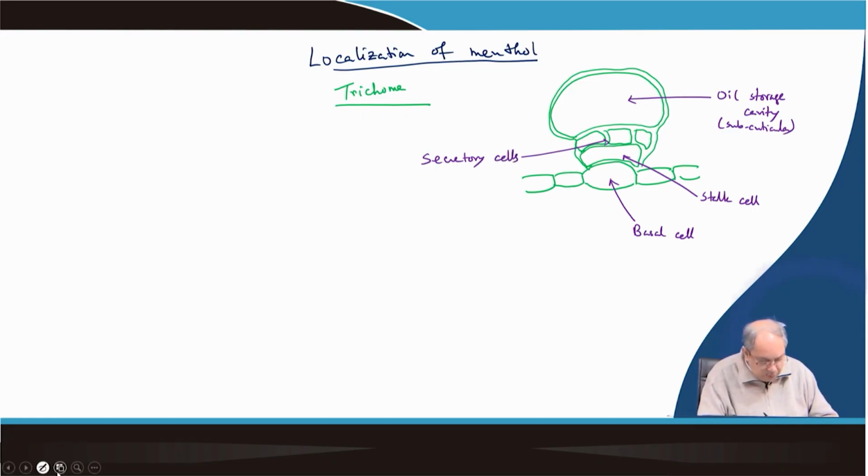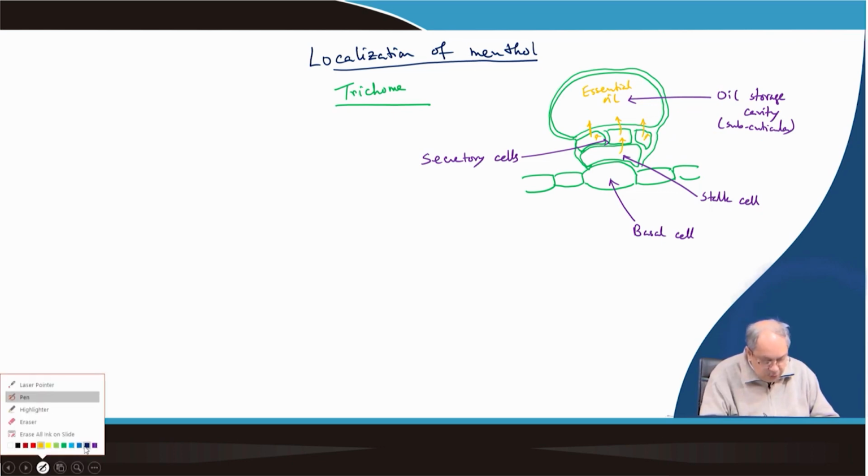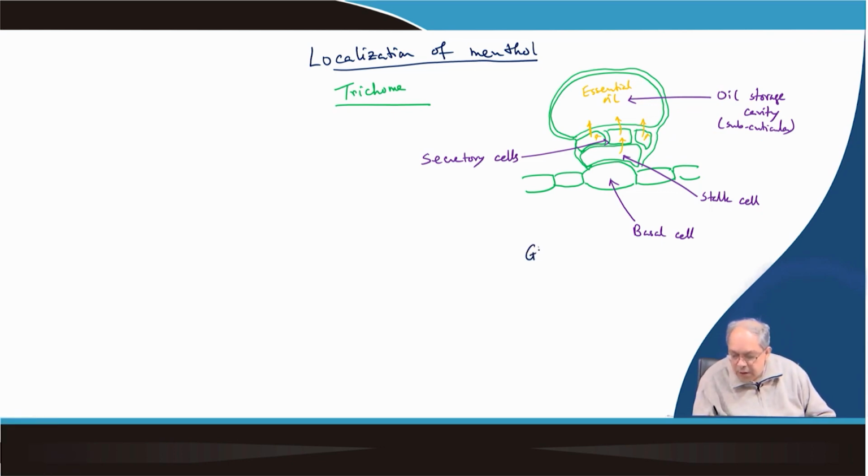So, the products are synthesized, then from here they are secreted here. So, this is basically filled up with essential oil, where menthol is the main component. So, this is basically the structure of one such glandular trichome. There are two types, one is called peltate, another is called capitate.